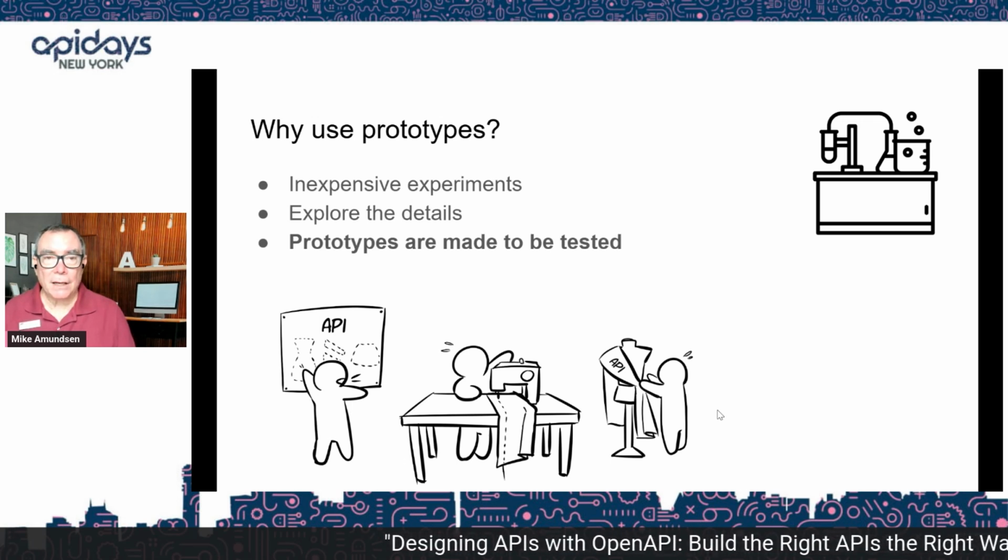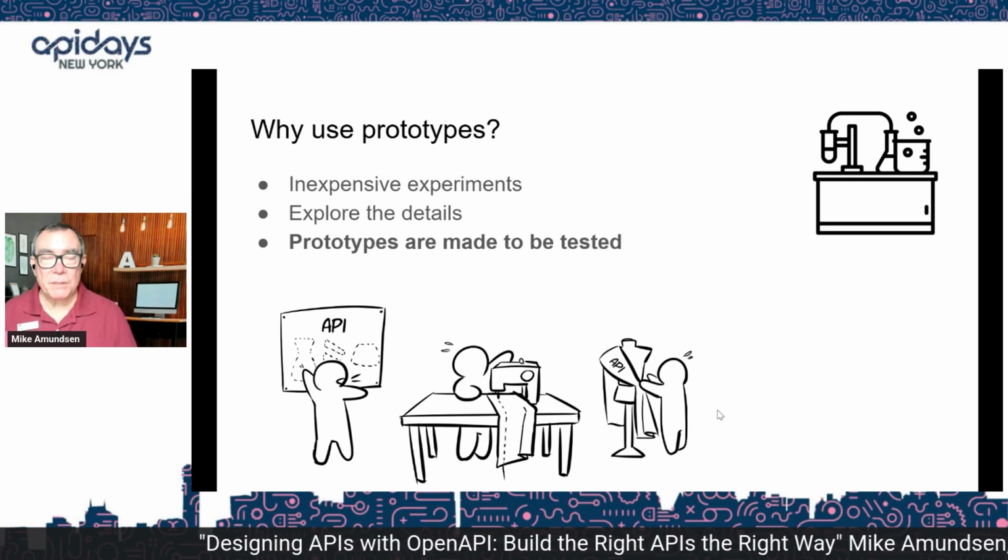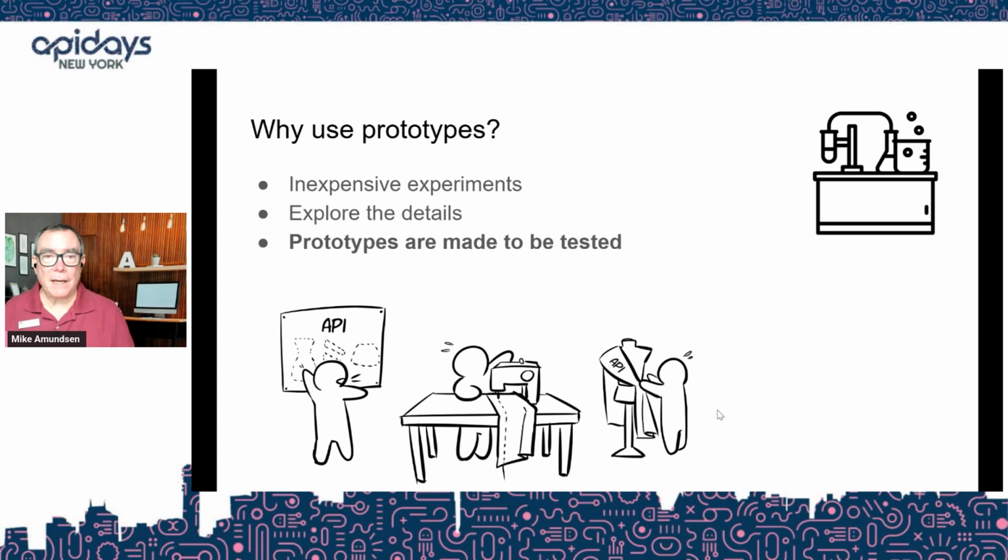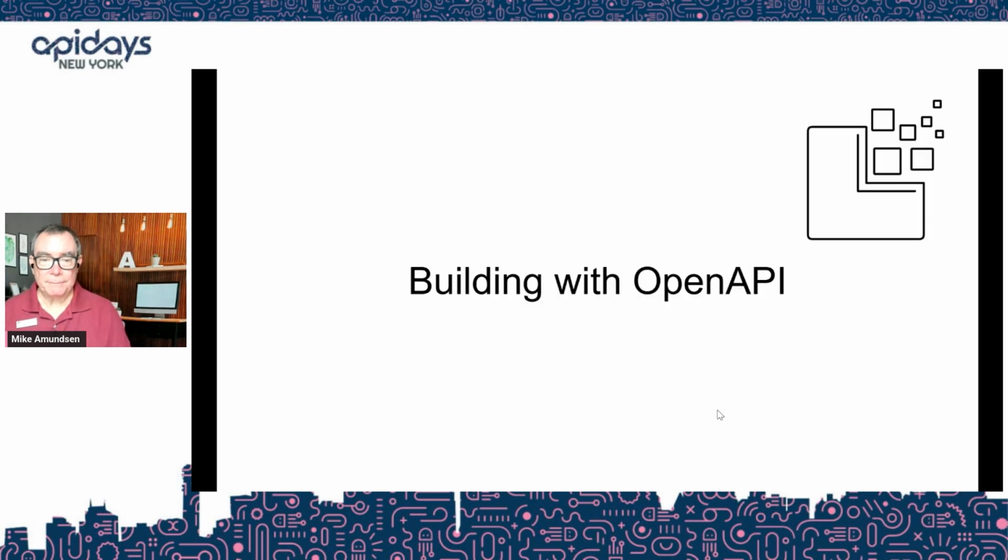Well, if you're going to have a custom outfit made with very expensive material, the very first time someone fits you for the outfit, they're not going to use expensive material. They're going to use muslin. They're going to use cheap material. That's a prototype. And they're going to make sure they cut all the pieces correctly and that it fits in the prototype. And then once everyone's satisfied, they'll move on to the expensive outfit. So you can think of your prototypes as the muslin or as the test before the final outfit.